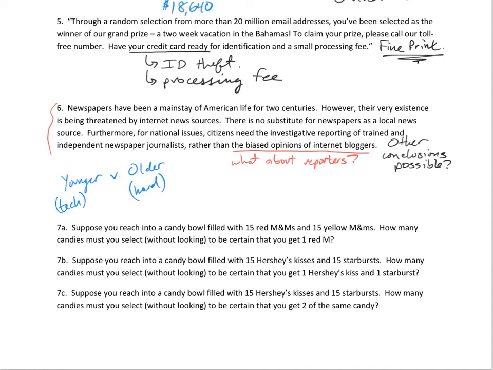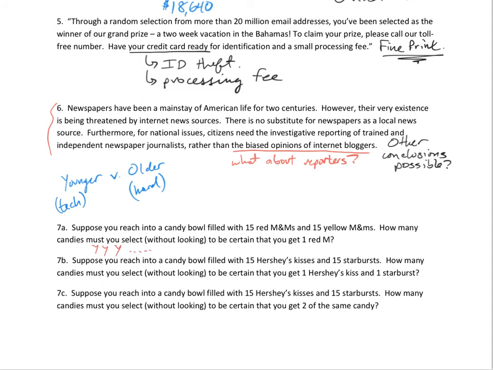It could be that you reach into this candy bowl, first M&M, you pick out it's red, you win. But can you be certain that the first one you pick out every time, if you have 15 red and 15 yellow, is going to be red? The answer is no. So you have to start thinking worst case scenario: I pick out a yellow and another yellow and another yellow.